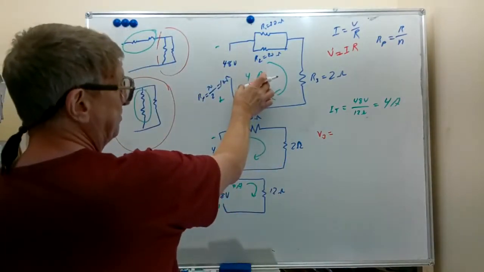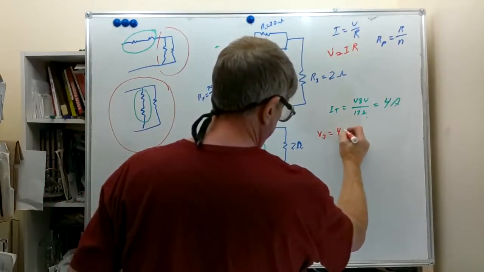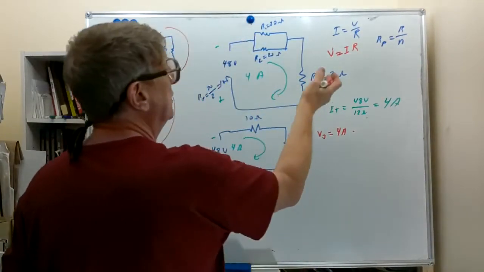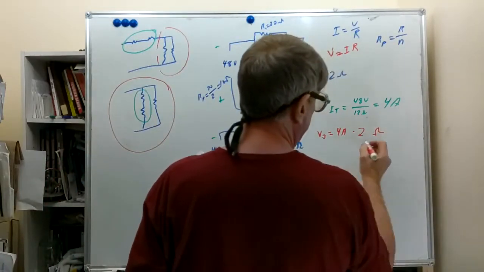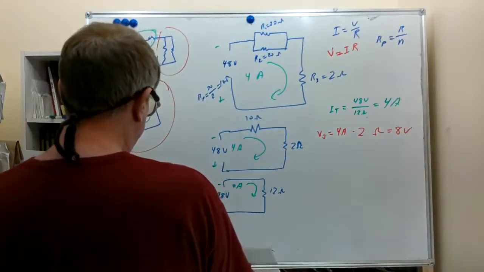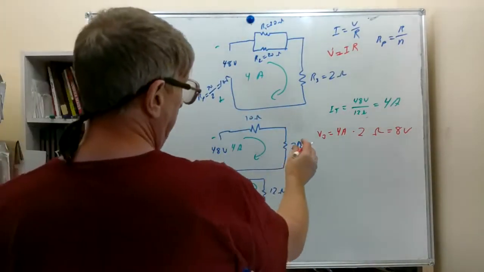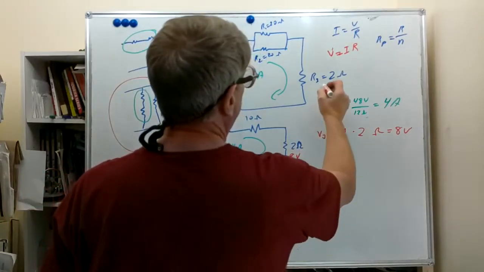Using this formula, 4 amps times the 2 ohms. That's 8 volts. So we can put 8 volts here, because that's the 2 ohm resistor, 8 volts here.